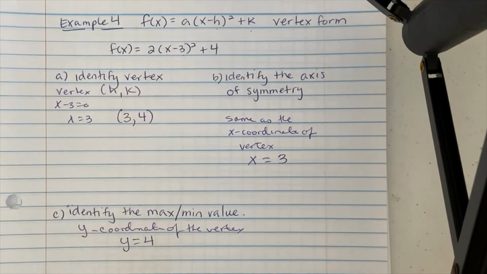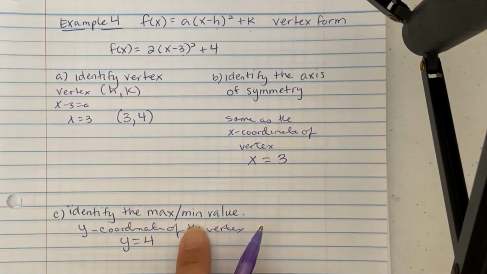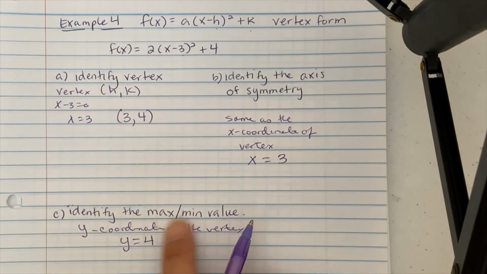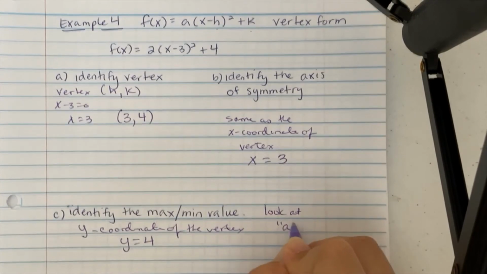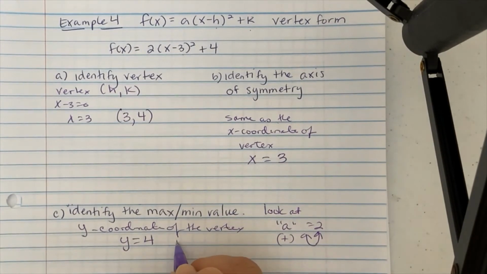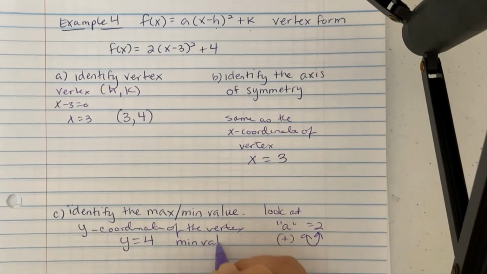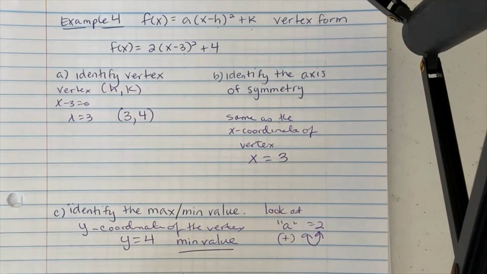Now here's the thing, we need to know, do we have a maximum or a minimum? In order to find out, look at your a. It's equal to 2, which is a positive number, which means our graph is going to open up. So we have a minimum value.